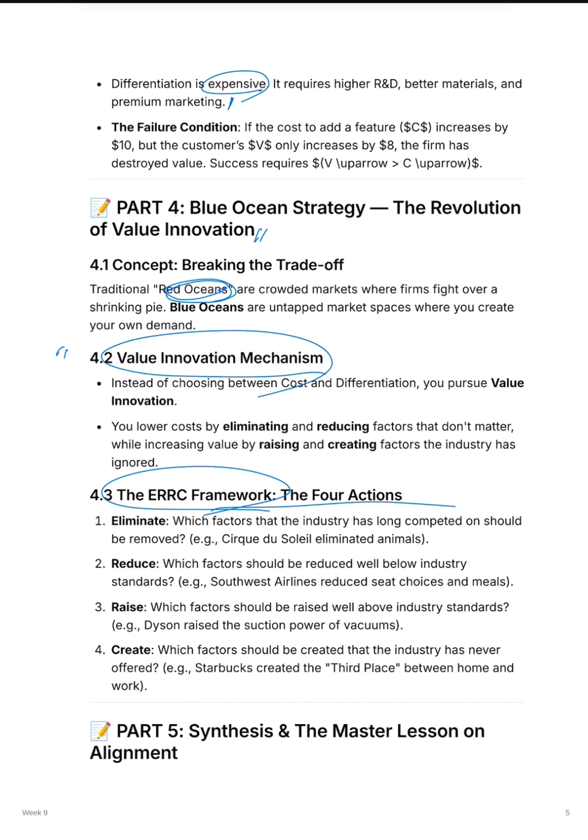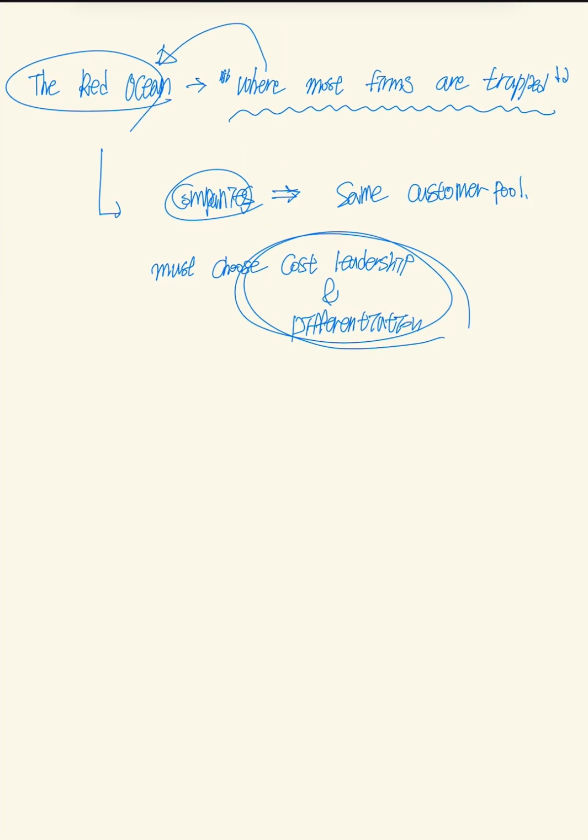But before going to the ERRC framework, I would like to explain in more detail the value innovation mechanism and what blue ocean strategy is as well. So, blue ocean strategy. So, the logic of value innovation.